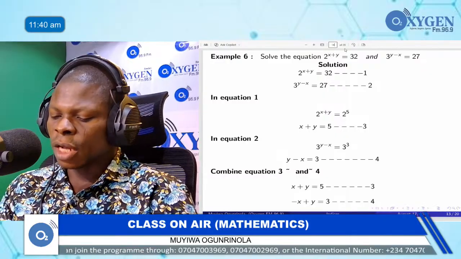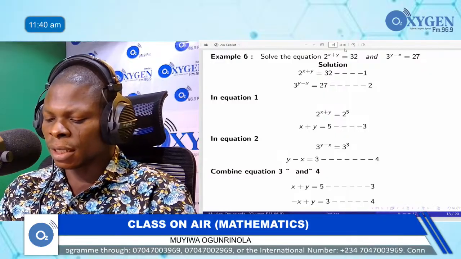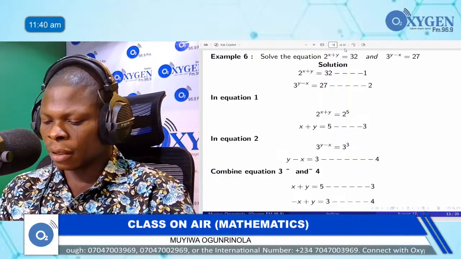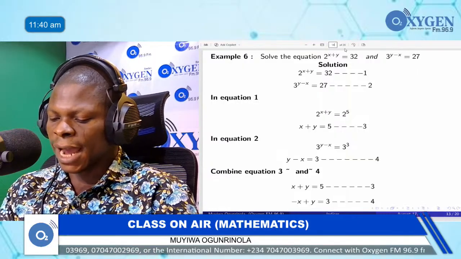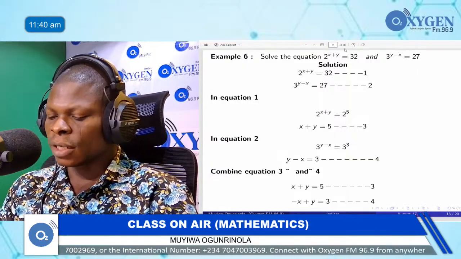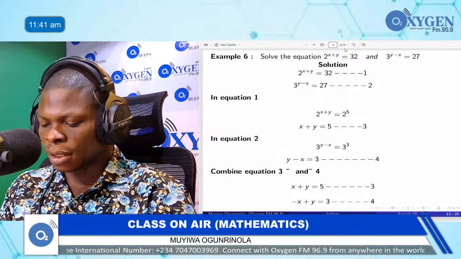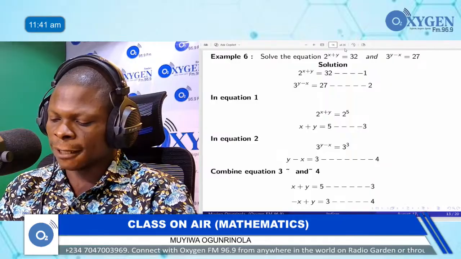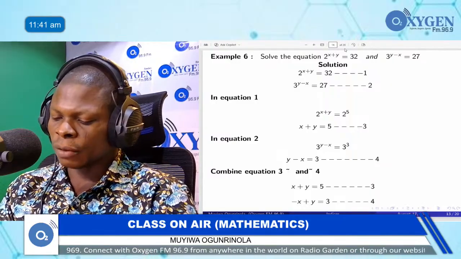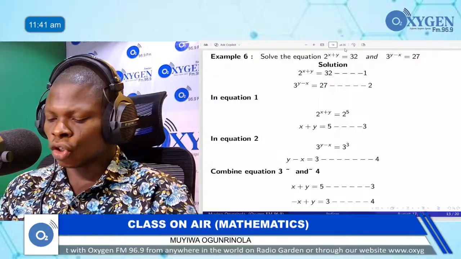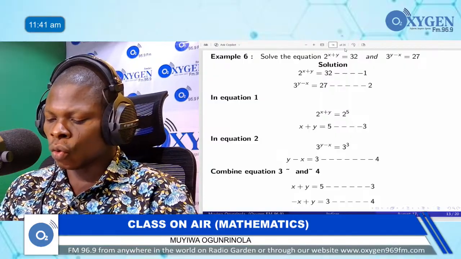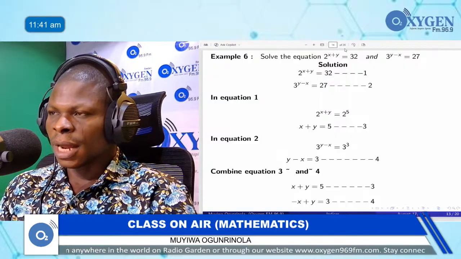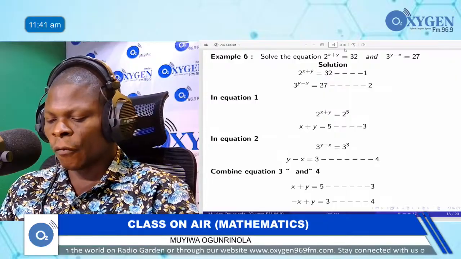Now, we need to combine equation 3 and equation 4 together. This one will give us x plus y is equal to 5, that is equation 3. And if we rearrange equation 4, it will give us minus x plus y is equal to 3. That one will be equation 4.